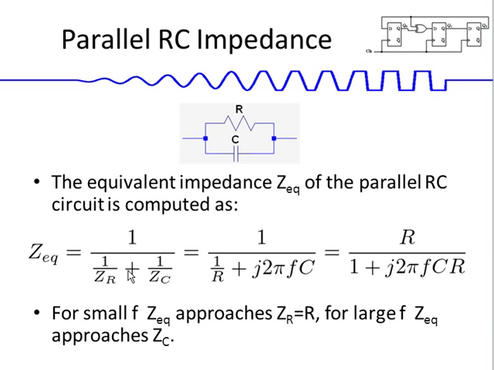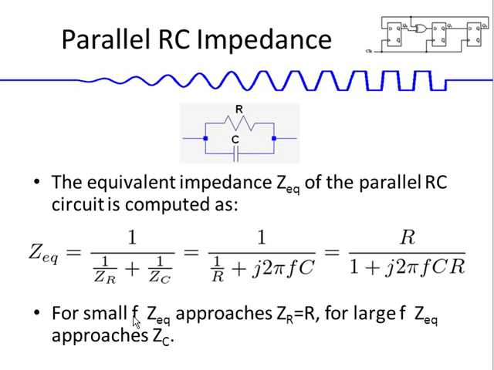What we want to do is put in for Z_R the resistance R, and for 1 over Z_C we put in j2πfC. If we substitute these values, we get this expression in the denominator, and then we multiply through by R, so we get an R in the numerator and 1 plus j2πfCR in the denominator.